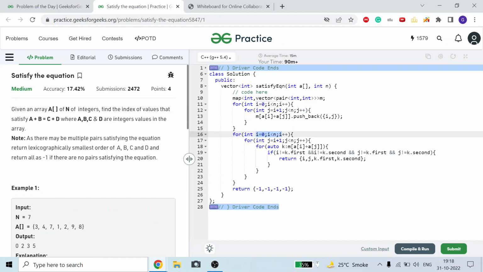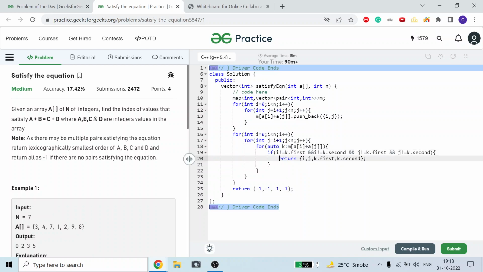Then I am again traversing it. For all the possible pairs for my current sum, if my i is not equal to the first index or second index, and my j is also not equal to the first and second index, it means my i and j are not common with my k. k is my current pair of indexes, meaning i and j is a separate pair and k is my separate pair.